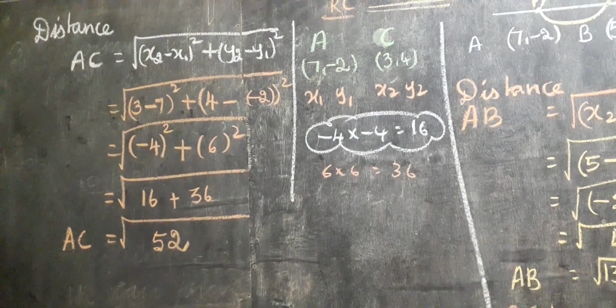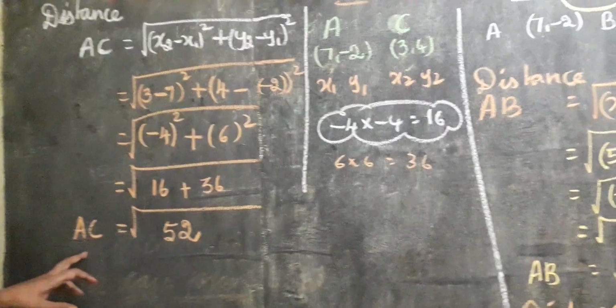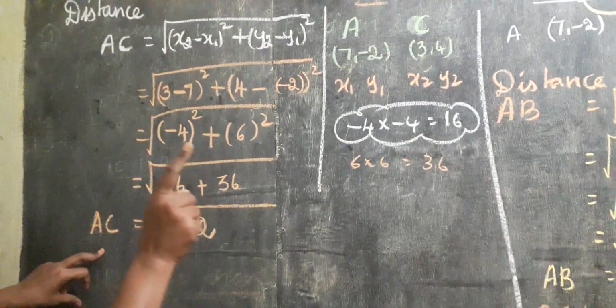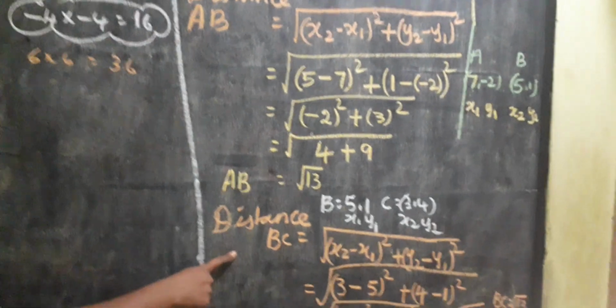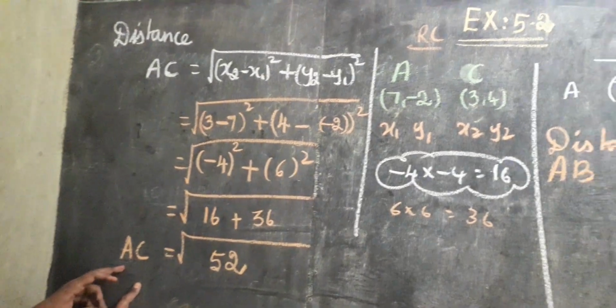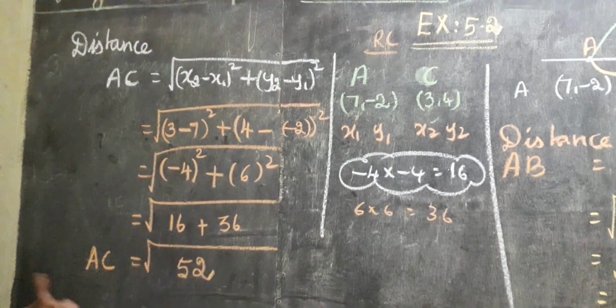Now we have found the distance between the 2 points AB, the distance between the 2 points BC, and the distance between the 2 points AC. What is our aim?